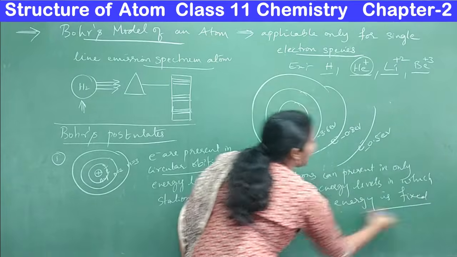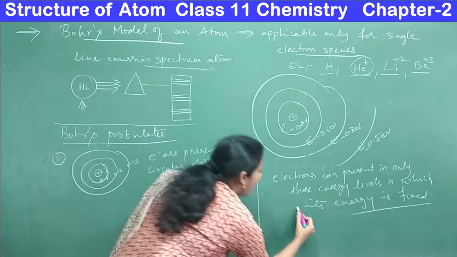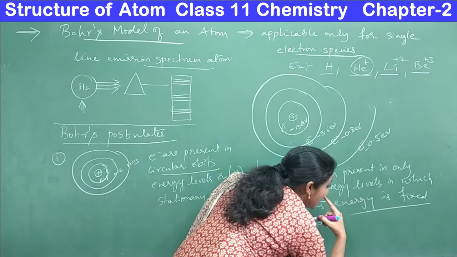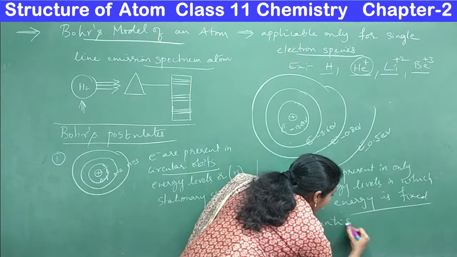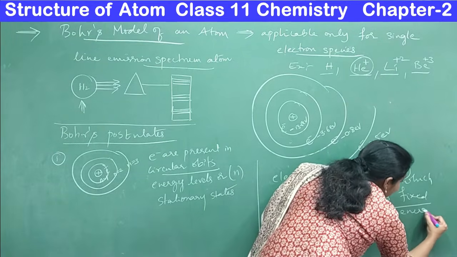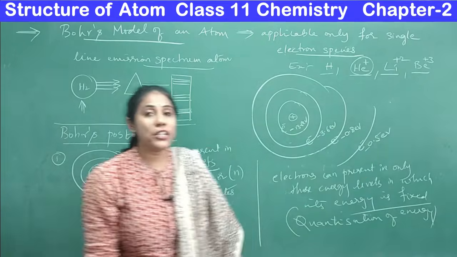Right? Very, very important point. This is what we call quantization of energy. You must have heard the word quantization, right? Quantization of energy means this itself. Right? Say, quantization means what?